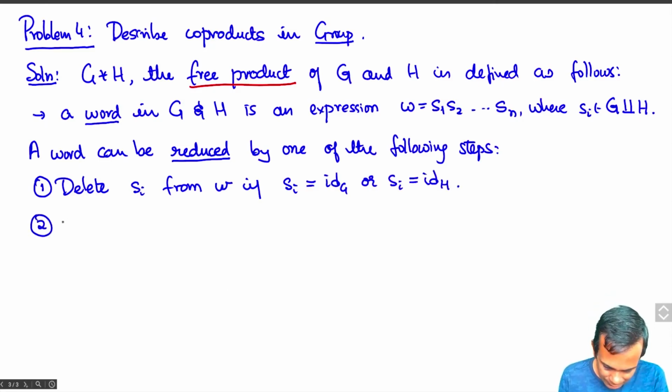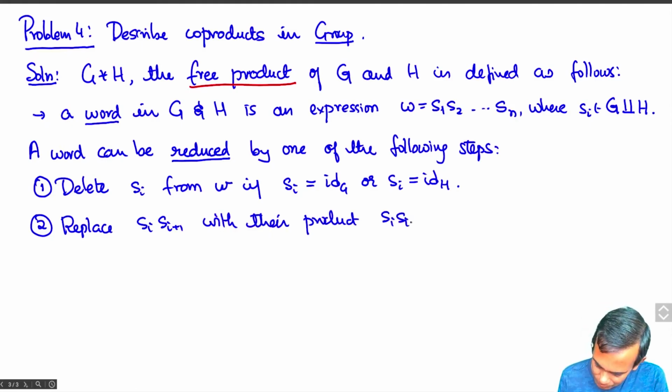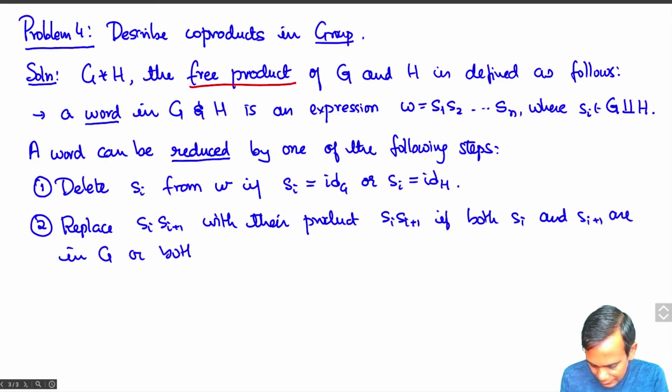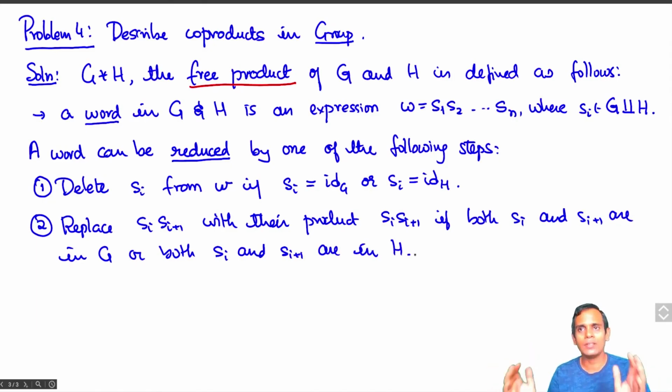And the second is to replace two letters in the word, Si and Si plus 1, with their product, if both Si and Si plus 1 are in G or both are in H. So if you have two adjacent letters in your word which are from the same group, you can remove those two letters, multiply them together, and replace them by their product.